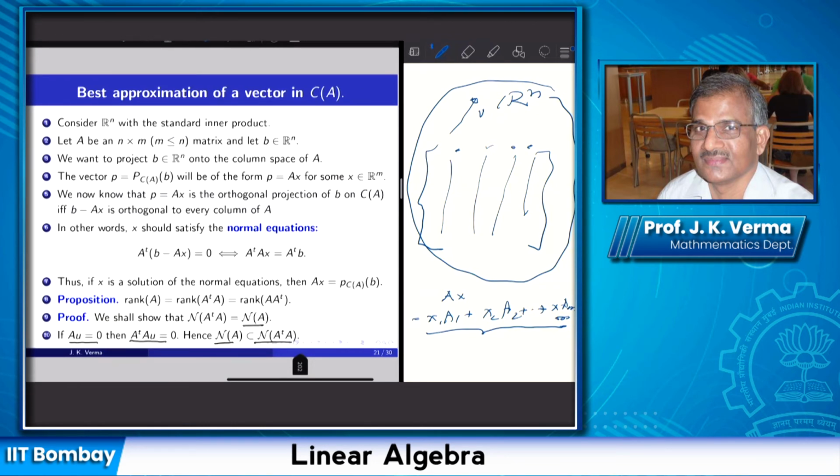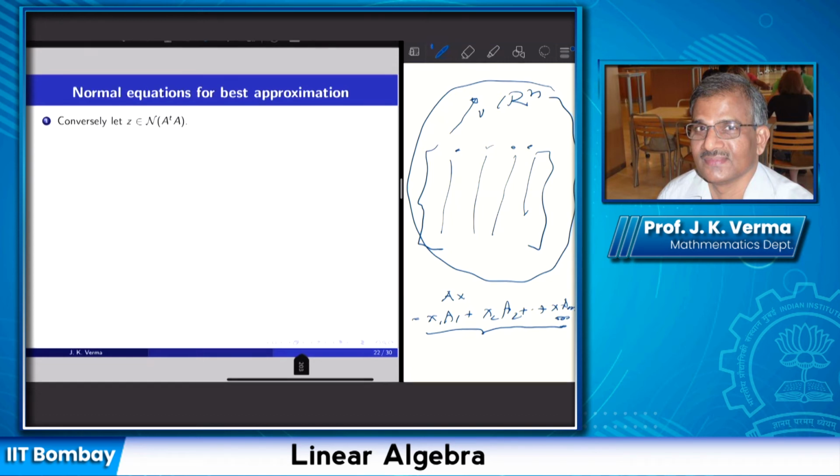We want to prove the other containment, that the null space of A transpose A is contained in the null space of A. Pick a vector Z in the null space of A transpose A. Then A transpose AZ is 0. I want to show that this Z is in the null space of A. So look at this vector AZ.